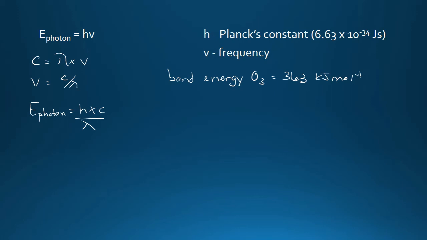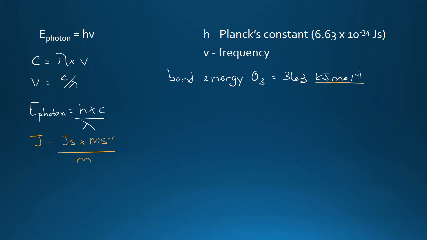Understanding how we're going to work through this problem, you could solve for any bond as long as you know the bond energy for that compound. Looking at units first, the unit of energy is kilojoules per mole. Going back to our calculation, energy is in joules, Planck's constant is joule seconds, speed of light is meters per second, and wavelength is meters.